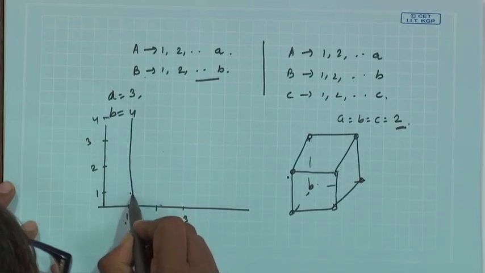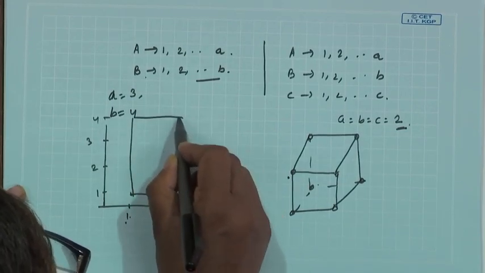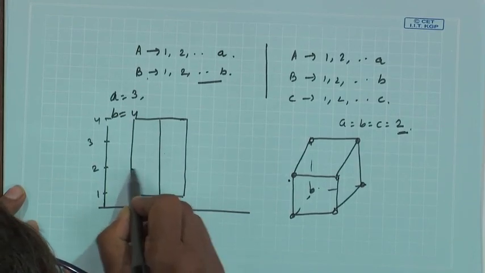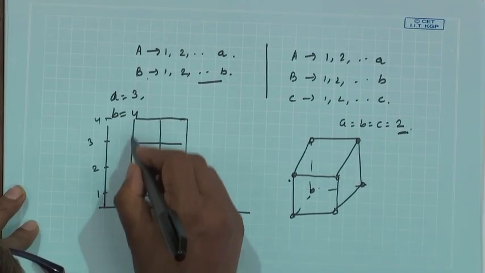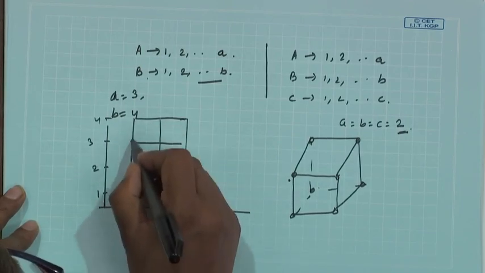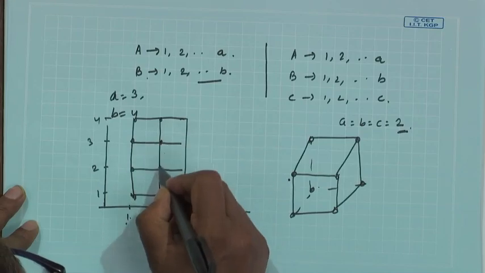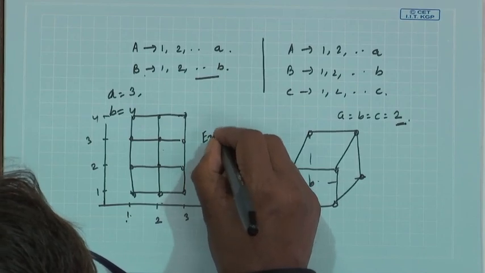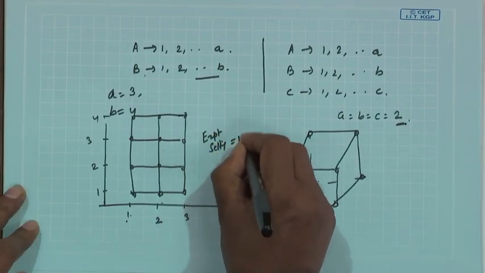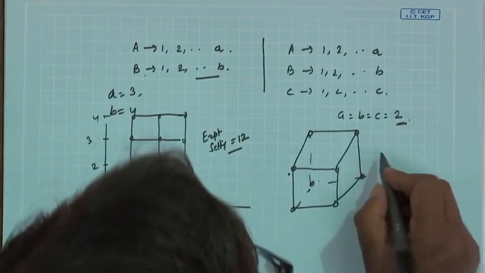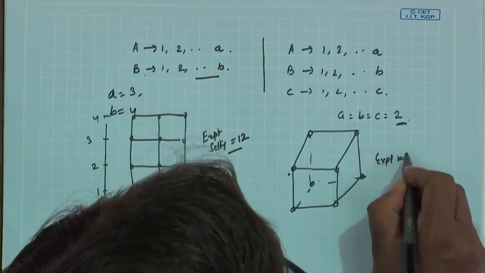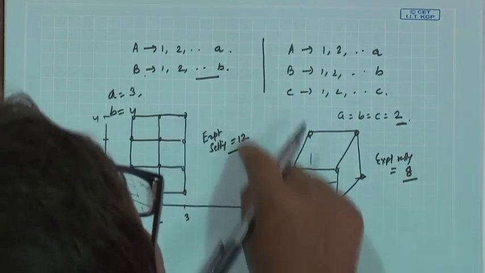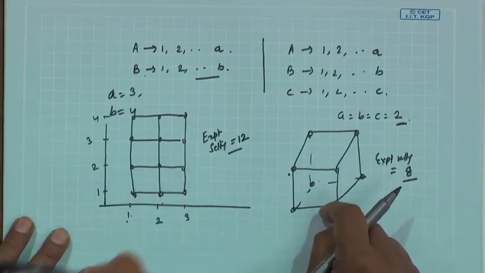Your number of experimental runs will be 1 2 3, 1 2 3 4 5 6 7 8 9 10 11 12. So the experimental settings here are 12, and in the earlier case equal to 8. These are known as experimental treatment combinations.